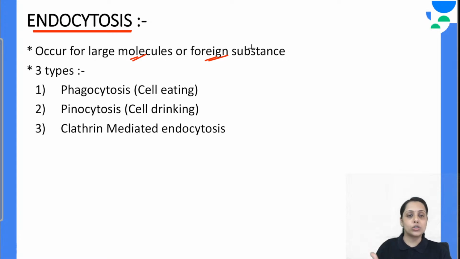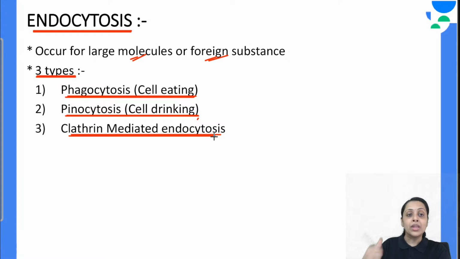It is further classified into three types: phagocytosis, also known as cellular eating; pinocytosis, also known as cellular drinking; and clathrin mediated endocytosis. So do remember, endocytosis means something is taken inside the cell.